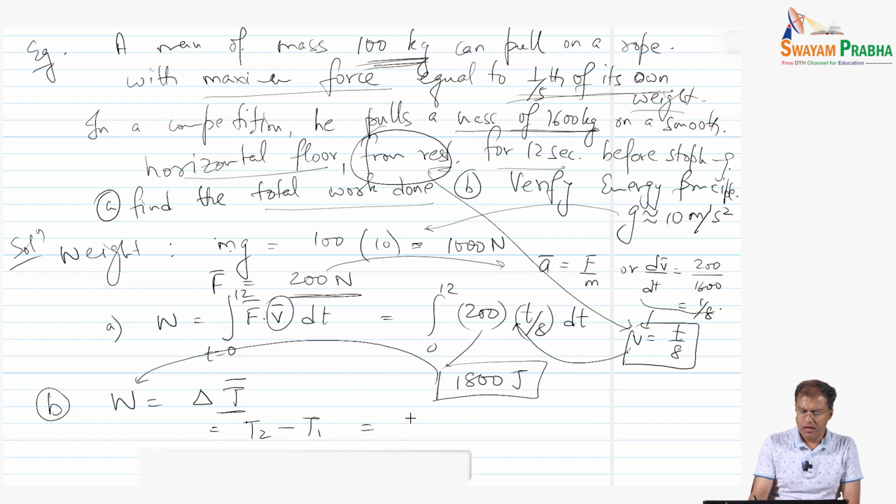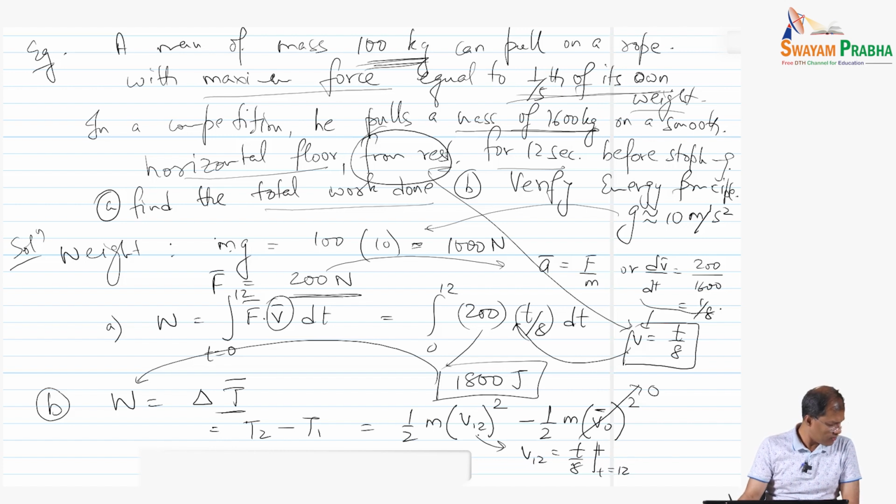This is half times V12 squared, the velocity at 12 seconds, minus the kinetic energy at t equal to 0, which is 0. V12 is t over 8 evaluated at t equal to 12, which comes out to be 1.5 meters per second.